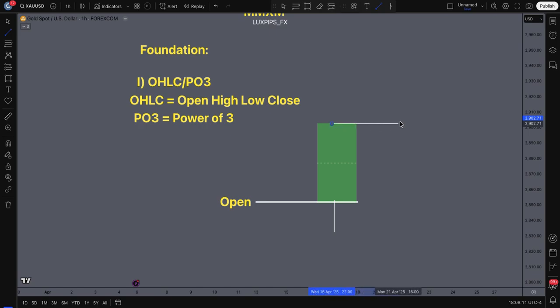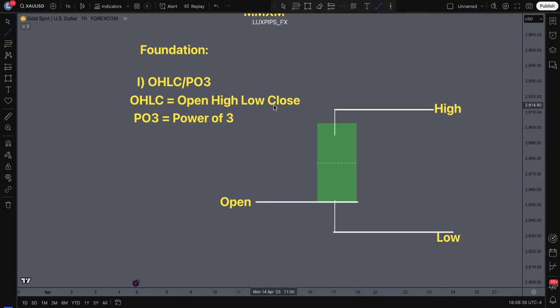First let me make a wick. I'm going to make it a little bit more realistic. This is your high of the day, and this is your low. And then this is your close, where the market closed for the day.